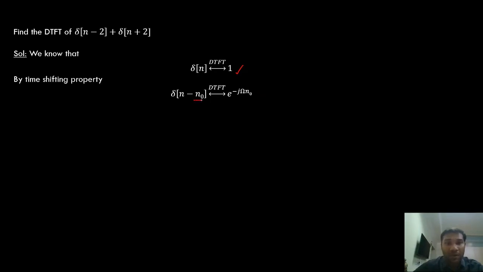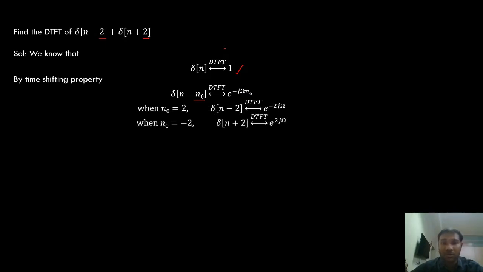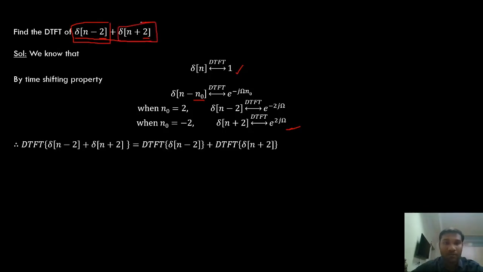Now in place of n naught, I'll substitute 2 and minus 2 separately. If I substitute n naught equals 2, this is what I'll get. For n naught equal to minus 2, I'll get e power 2j omega. So the DTFT of this whole function is the DTFT of delta of n minus 2 plus the DTFT of delta of n plus 2.